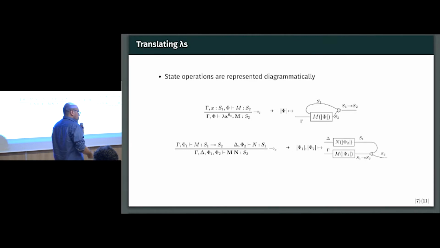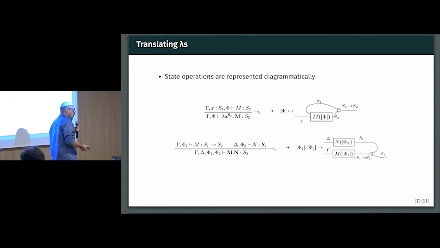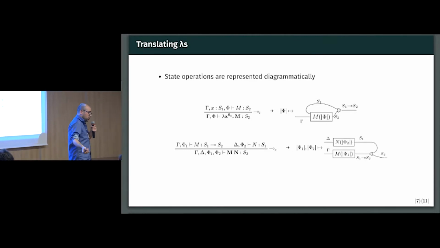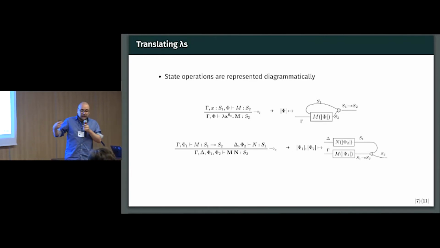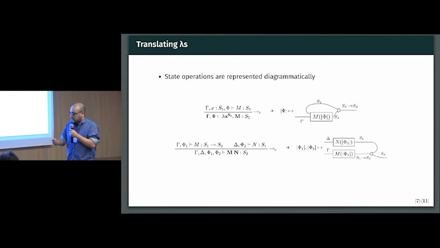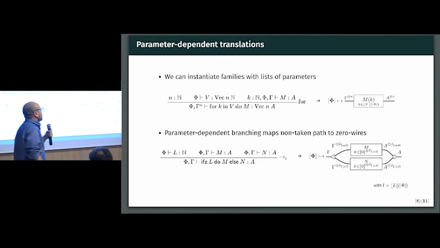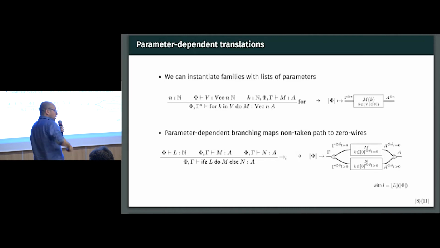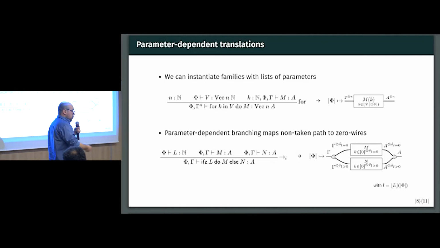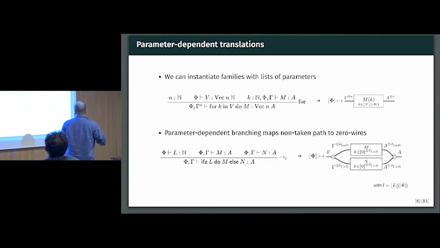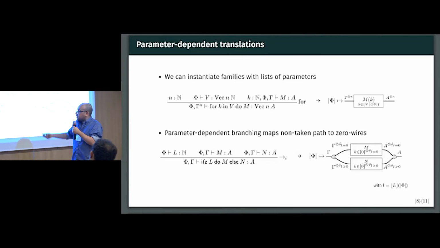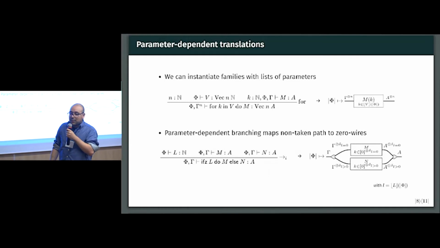And what happens when we have a type judgment that works with both parameters and state variables? Well, in that case, we get something like this. Here we have a primitive of the language, the for, which basically iterates over a vector, b, and performs program m.